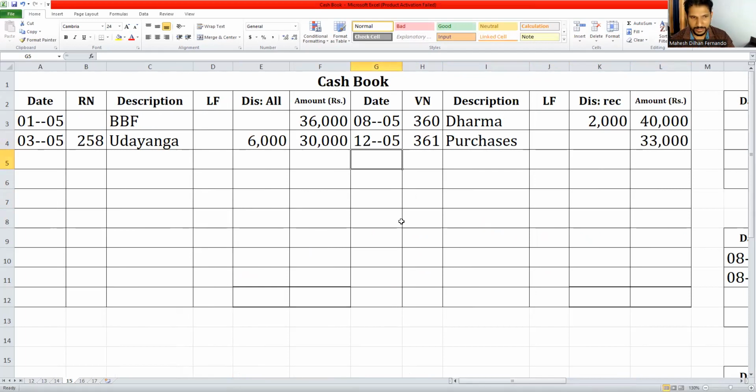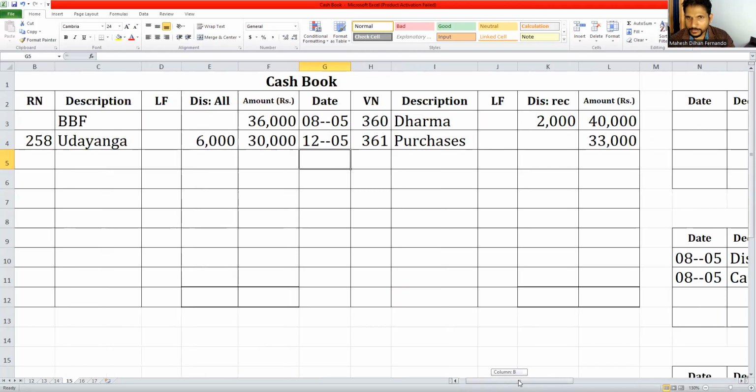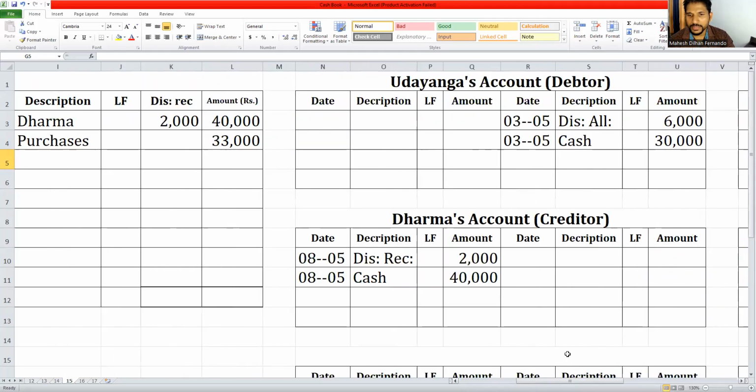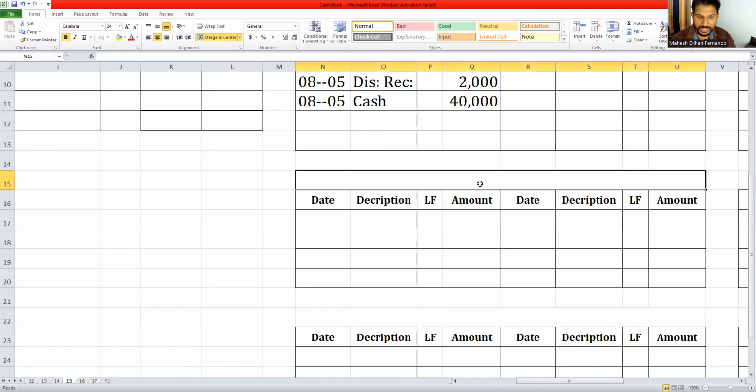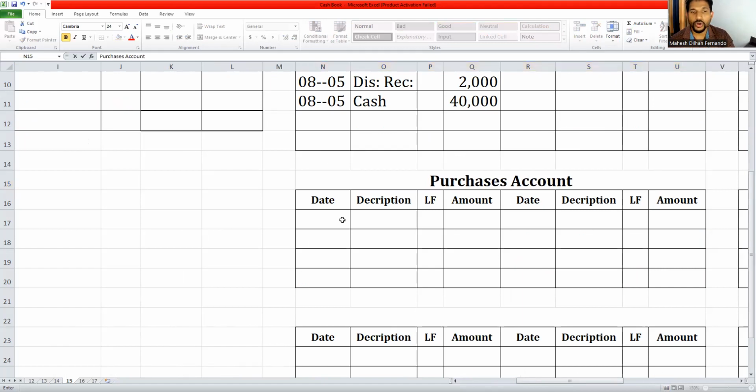Now we have to open the next account, that is for purchases. Purchases is an expense account. On 12th May, we have purchased goods on cash worth 33,000. Purchases account debit 33,000. Okay, great.